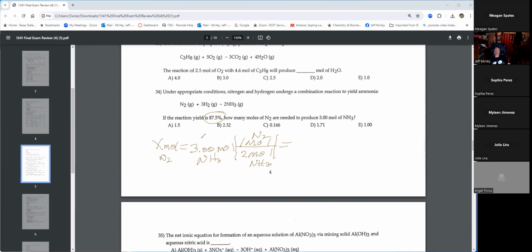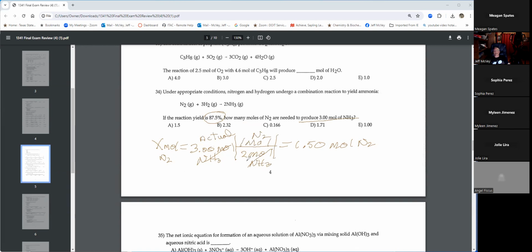So that's going to be 3 times 1 divided by 2, which gives me 1.50 moles of N2. But this is the moles of N2 that produce the 3 moles of ammonia.